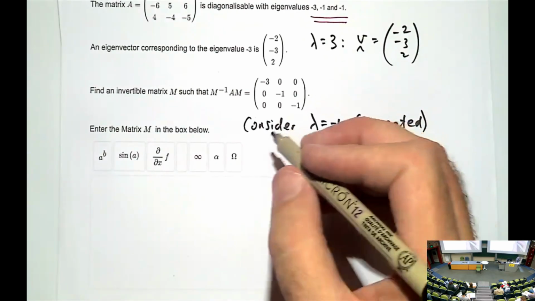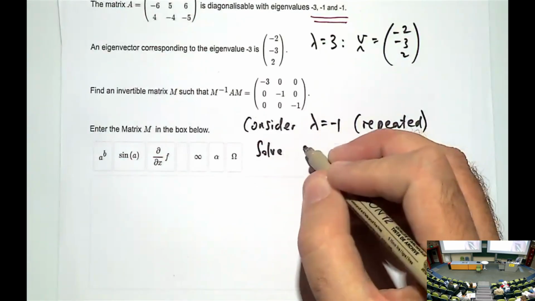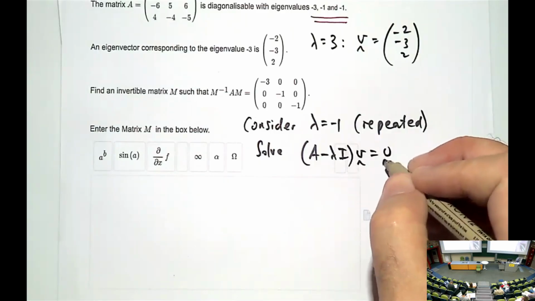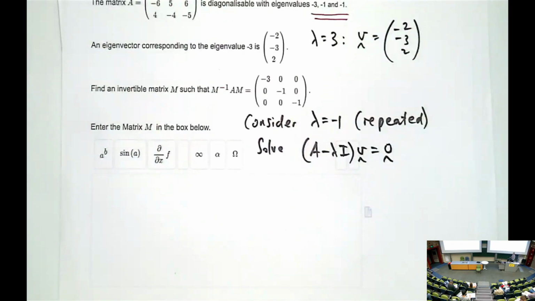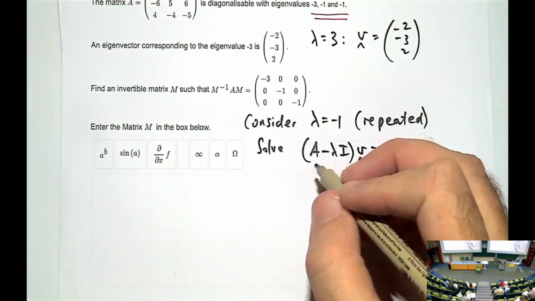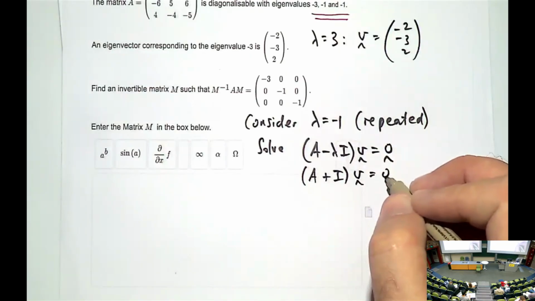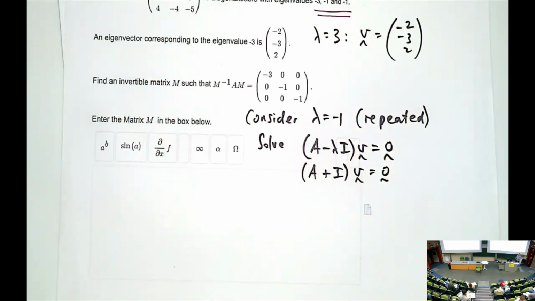What we want to do is solve for the corresponding eigenvector V for that value lambda equals -1. So what are we going to get here? We're going to get A plus I times V equals a 0 vector.